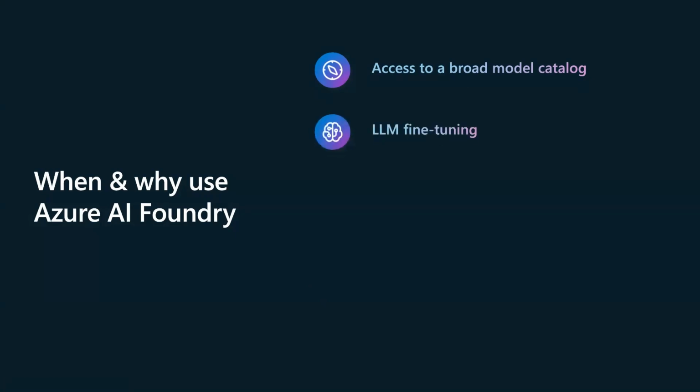LLM fine-tuning. So one of the benefits of Azure AI Foundry, it has LLM fine-tuning where you can train or fine-tune the large language models. There is a specific format you would need to use, JSON Lines. Advanced retrieval and knowledge integration, like Azure AI Search, for example, is part of Azure AI services.